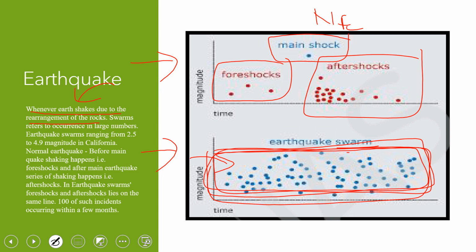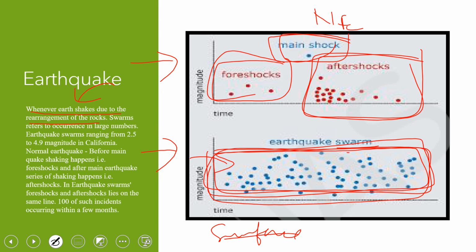But in the normal earthquake, we can see foreshocks, main shocks and aftershocks. The point to note here is that an earthquake swarm is not much more dangerous than a normal earthquake, because there is no surface wave kind of situation that may topple your buildings.